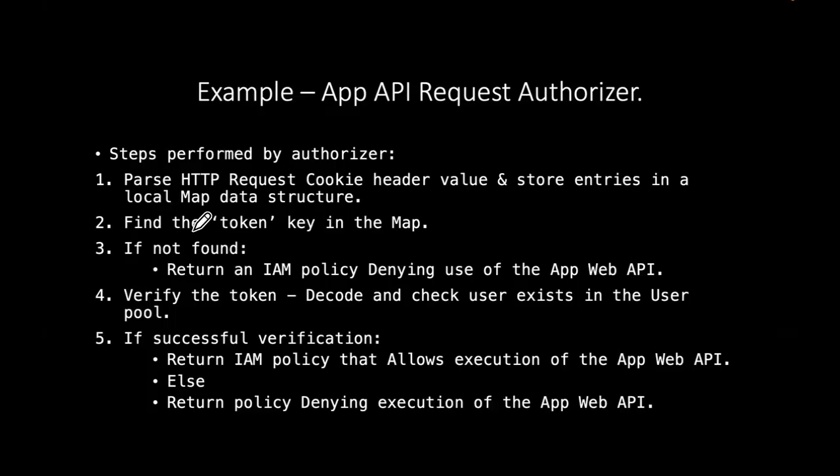Assuming it has found this JWT token within the cookies request, it now needs to verify it, and there's just some code. It's actually using a remote web API that's specifically set up by AWS to do that. But you can see that code and you don't need to make changes. It just works, right? So the end of the verification process is either going to be yes, it's a valid token, or it isn't.